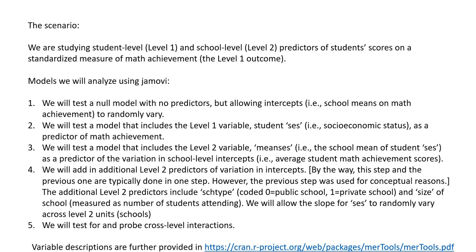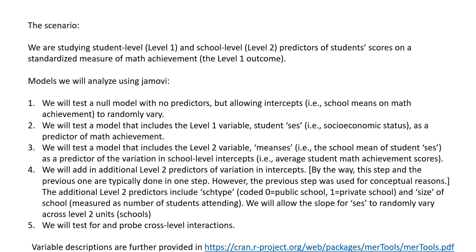So the models that we will analyze in this series: first we will test a null model with no predictors, but allowing intercepts to randomly vary. Second, we will test a model that includes the level 1 variable, student socioeconomic status, as a predictor of math achievement. Third, we will test a model that includes the level 2 predictor, mean SES, as a predictor of variation in school level intercepts.